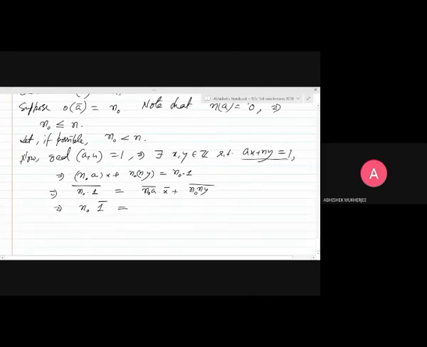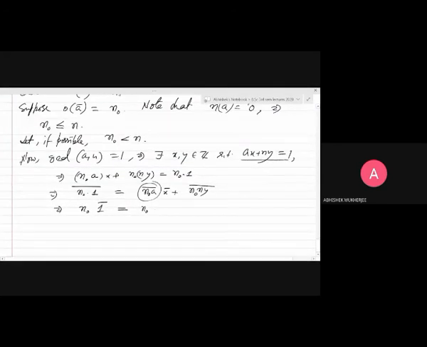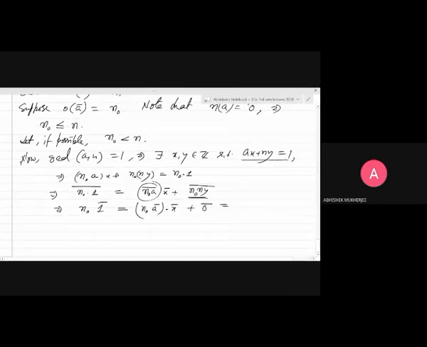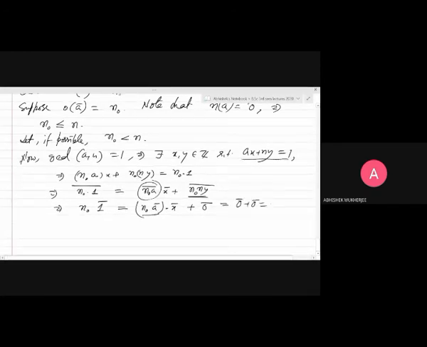This is 0, since it is a multiple of n, so it must be 0 class. So now it is 0 class plus 0 class, that is 0 class.